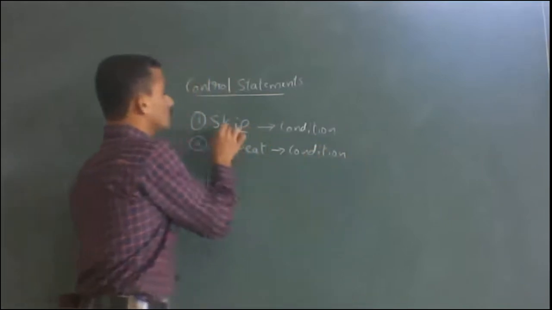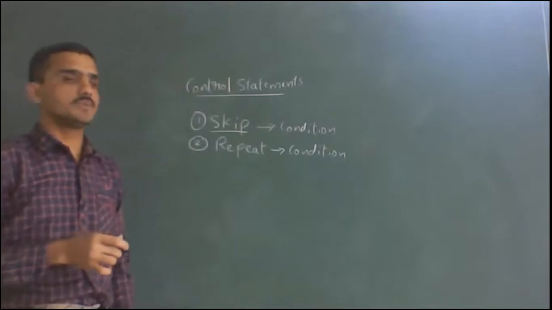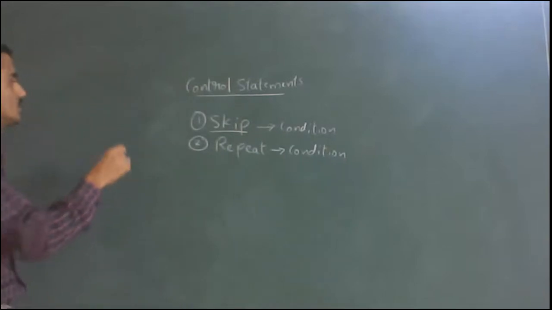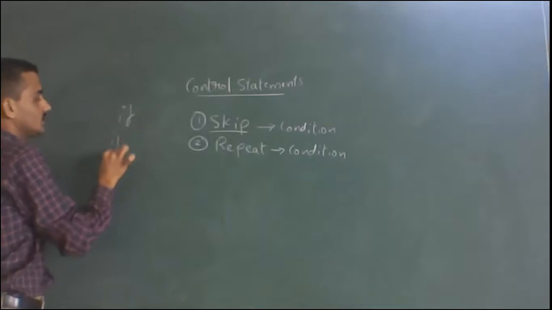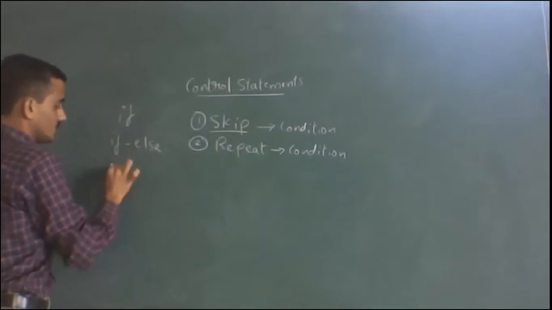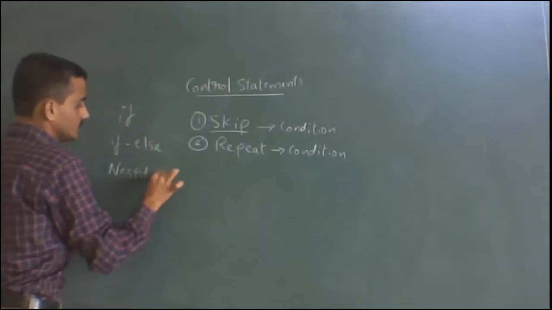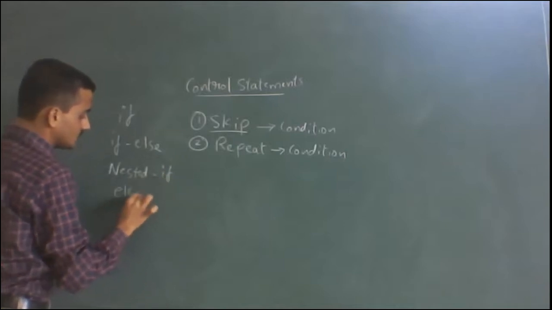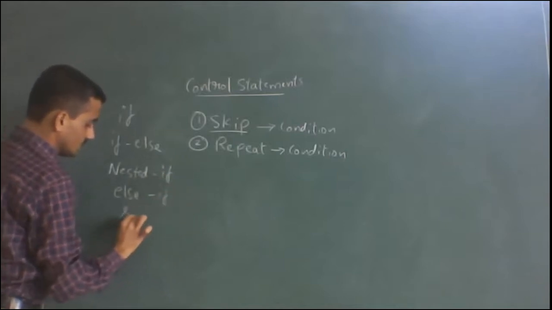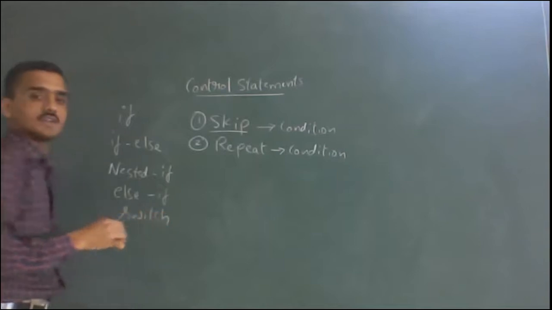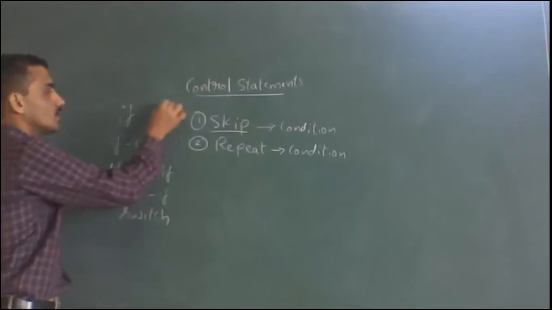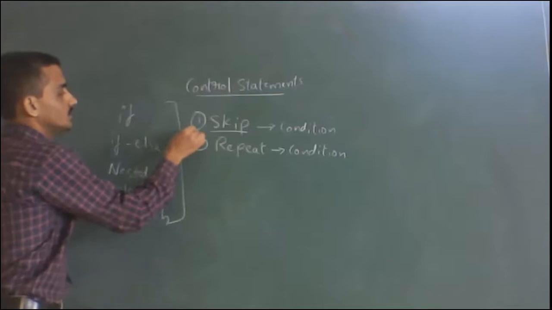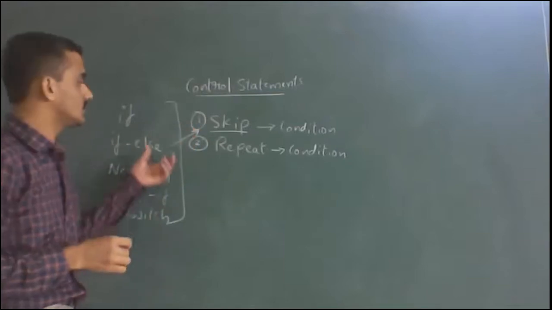We came to know what happens if the statements are skipped by understanding the concept of if else, nested if, else if ladder, then switch. In all these cases, the execution of one or more statements was skipped due to some condition.